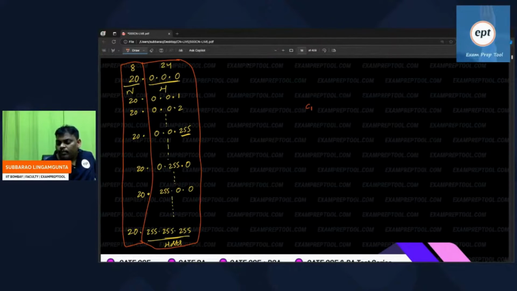What the TCS company will do is assign one address to one computer, 20.0.1.0. For one more computer, 20 and so on. Every IP requires 32 bits, every IP requires 4 octets.